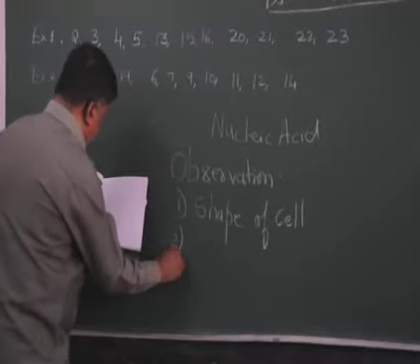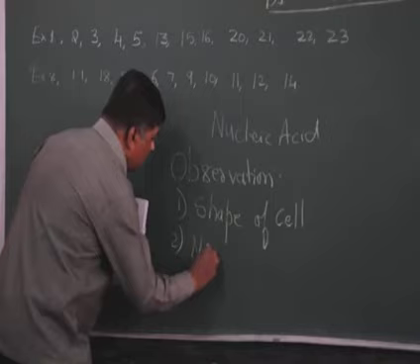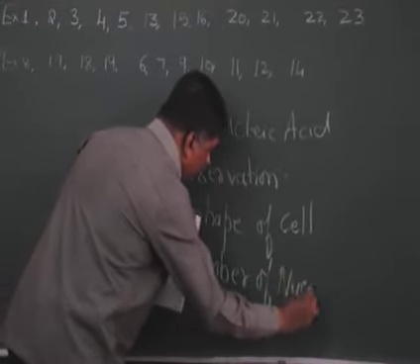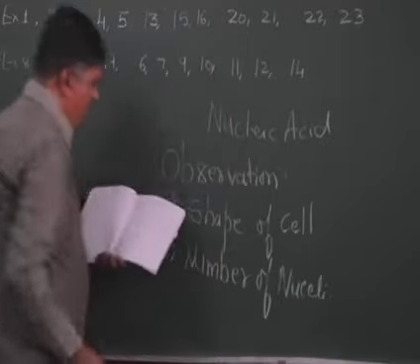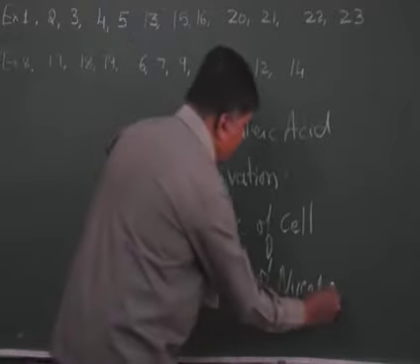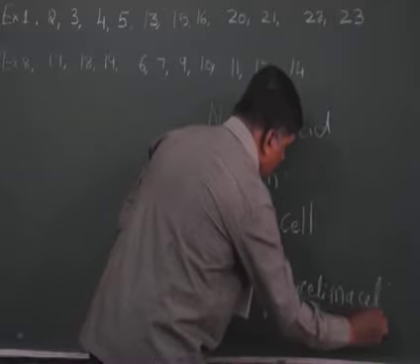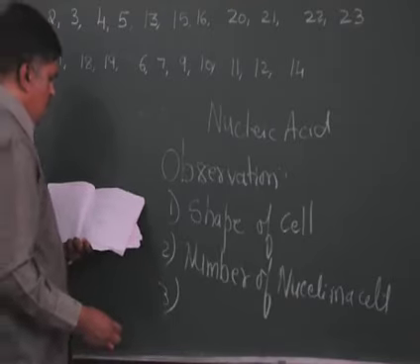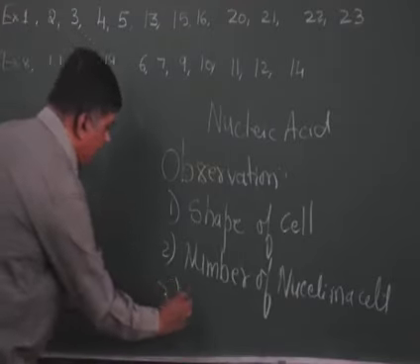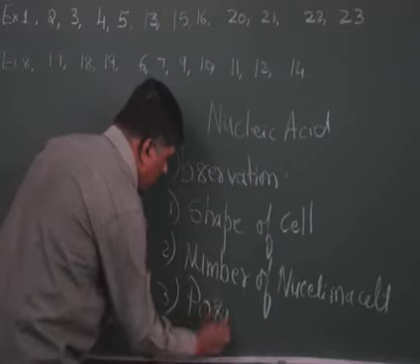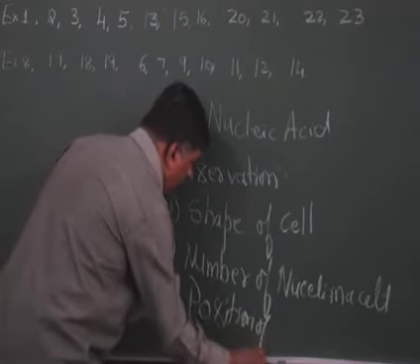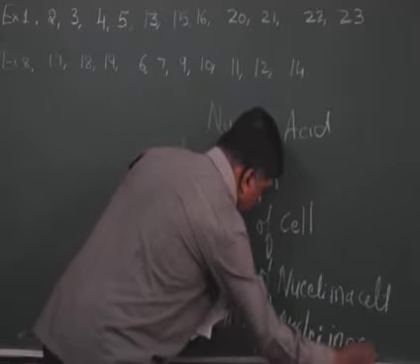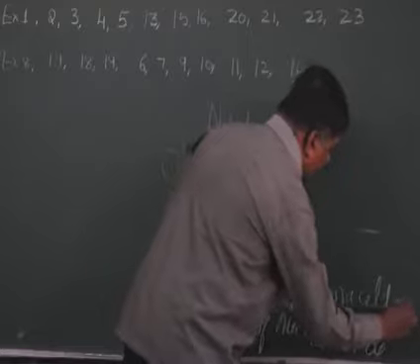Then second one, you can write number of nuclei in a cell. And third one, you can write position of nuclei in a cell. So like this, you can put columns.